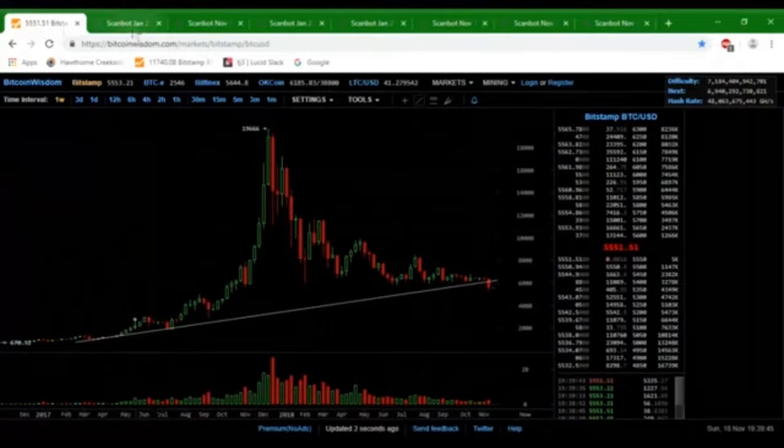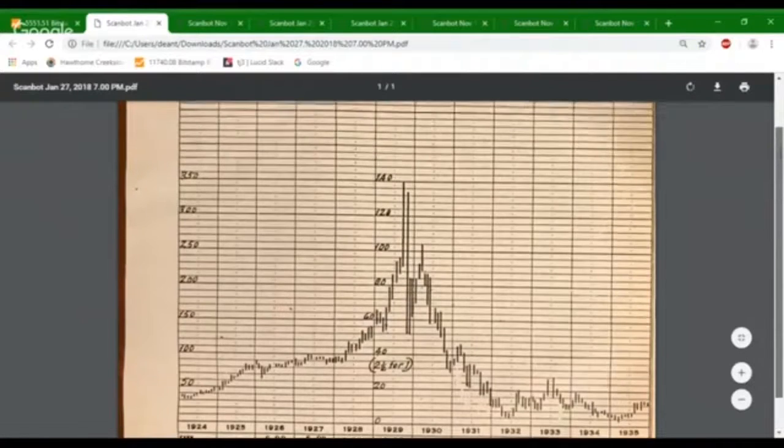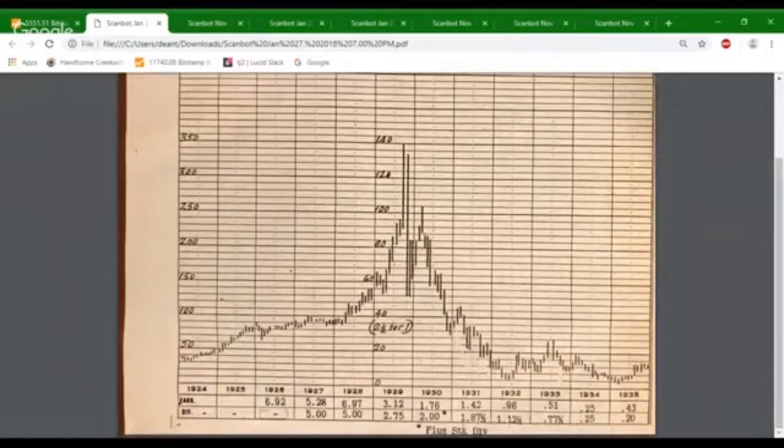And now I'm going to show you some older ones, but this is Columbia Gas and Electric from 1924 through 1935. It's 11 years.